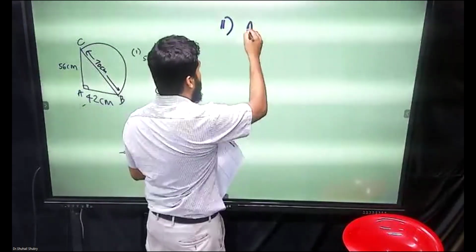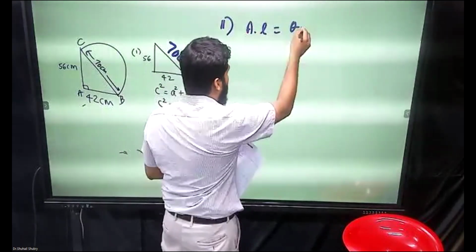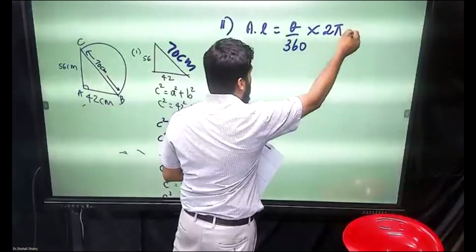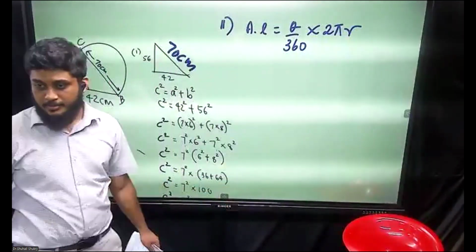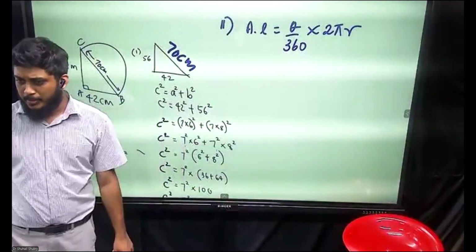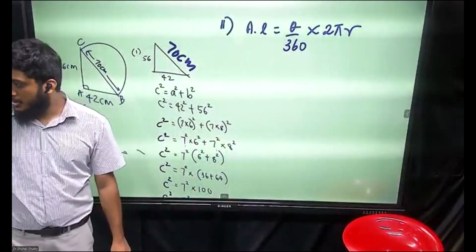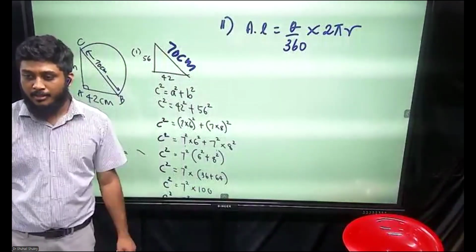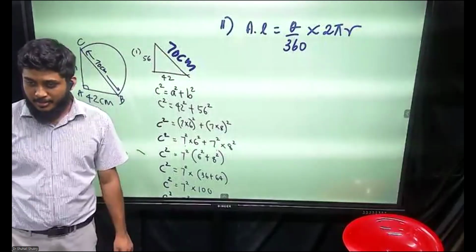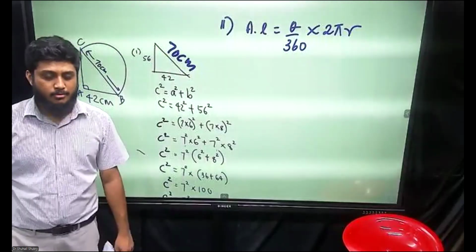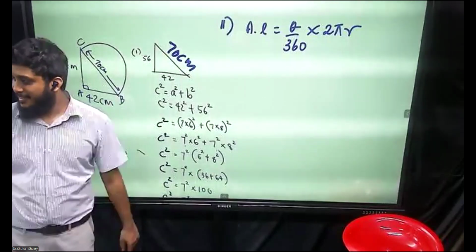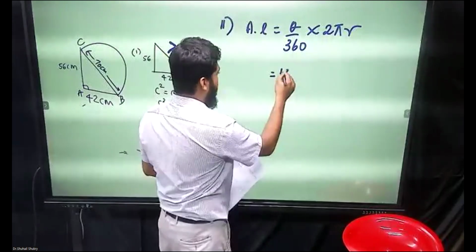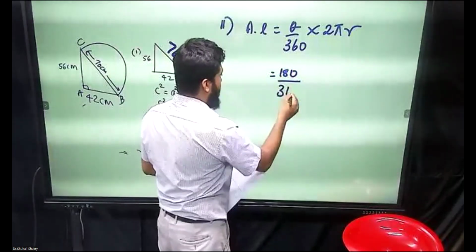What is the formula for arc length? Arc length equals theta over 360 into 2 pi r. Very good. Now, theta is how much? 180, as it is a half circle.